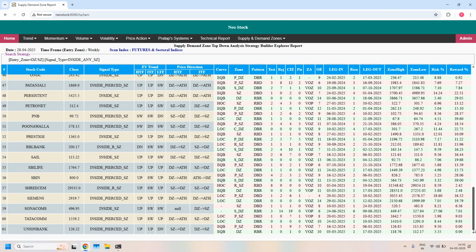Total 61 stocks are filtered. We can further filter based on weekly supply zone having weekly EMA confluence.